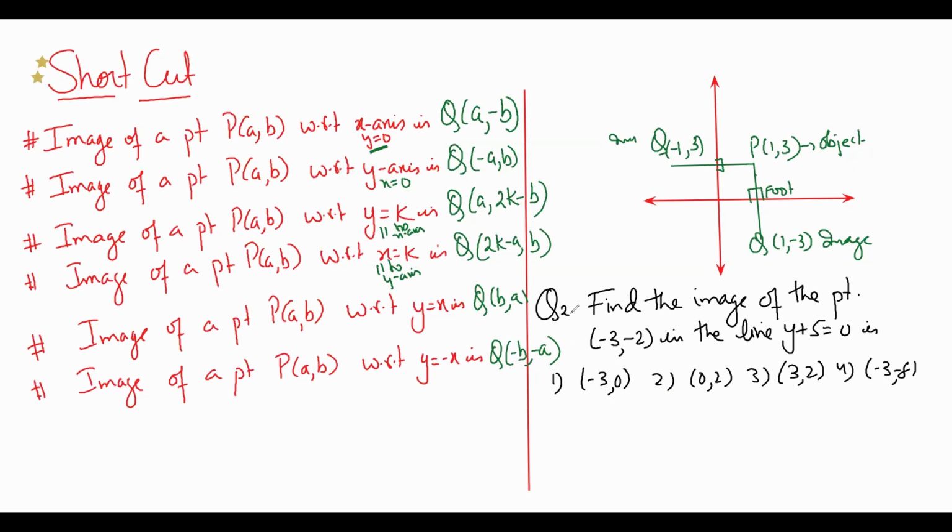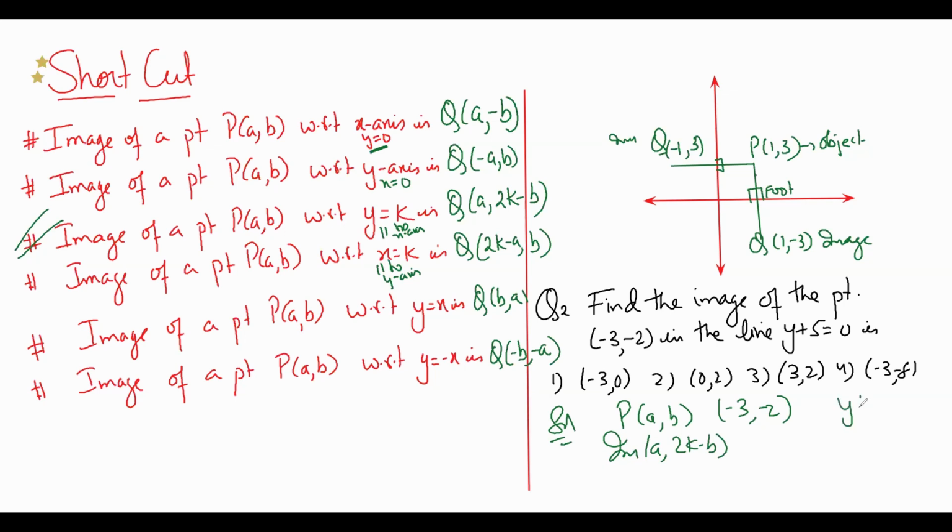Now there is an example. Find the image of the point (minus 3, minus 2) with respect to y plus 5 equal to 0. That means this is our third case, and we just directly apply the shortcut. Your point (a, b) is here (minus 3, minus 2), and your image would be (a, 2k minus b).